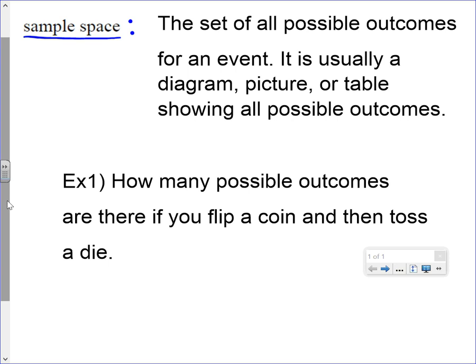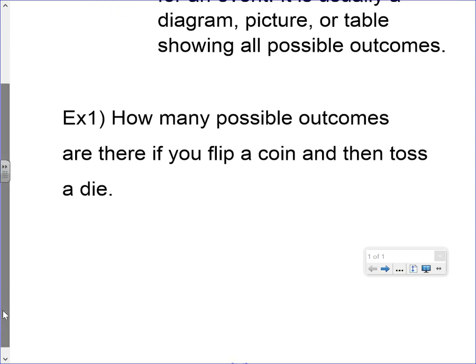We're going to create a sample space. We're going to create a diagram. If I have a coin in my hand and one die, I flip it and then toss a die. How many possible outcomes are there in the end? Watch. So if I have a coin, there's 2 possible outcomes, right? Heads or tails. I flip the coin first.